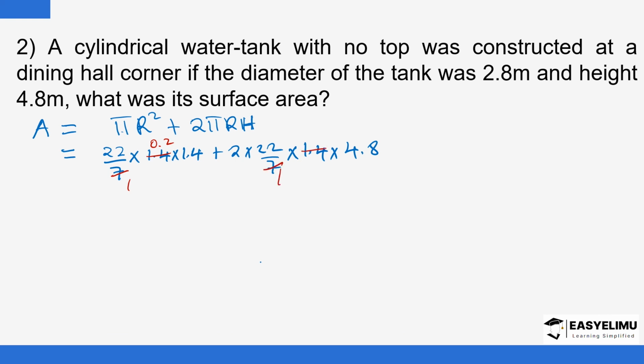Again 7 here, 7 there, 0.2. So let me do it here. So we have 44, because 22 by 2 is 44.